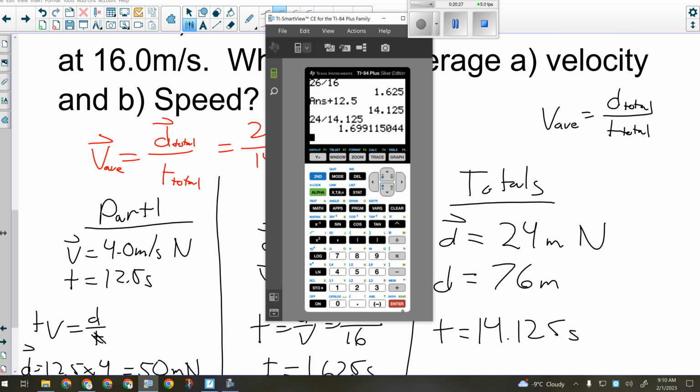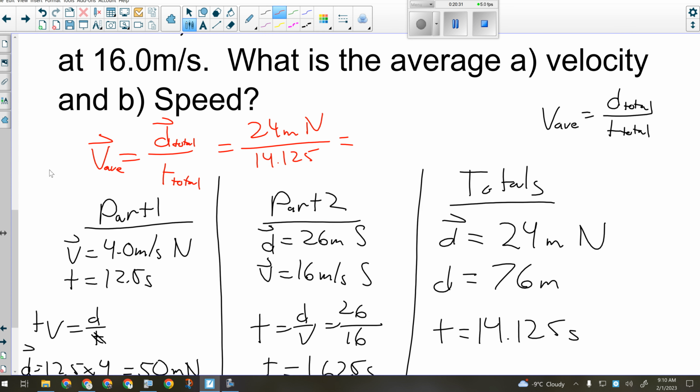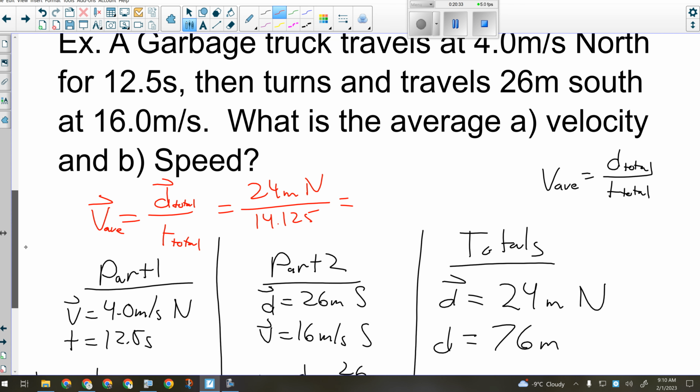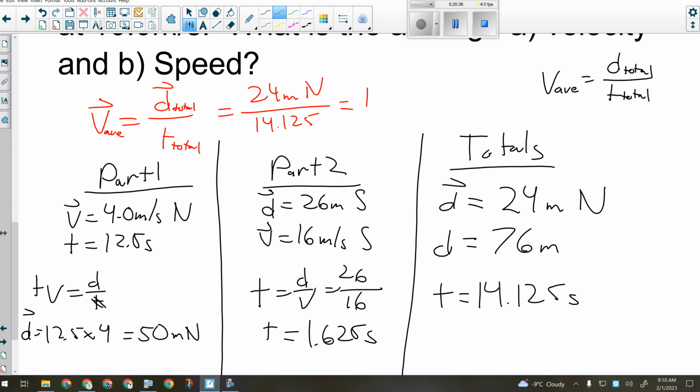So our average velocity here is going to be 1.7 meters per second north. Everybody all right with that one?